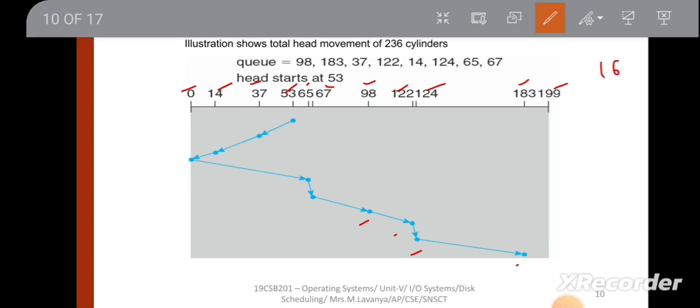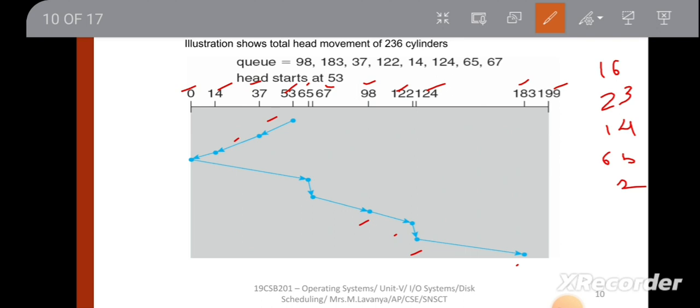Then from 37 to 14, 37 minus 14 is 23 cylinders. Then from 14 to 0, 14 minus 0 is 14 cylinders. Then from 0 to 65, it is 65 cylinders. From 65 to 67, 67 minus 65 is 2 cylinders.